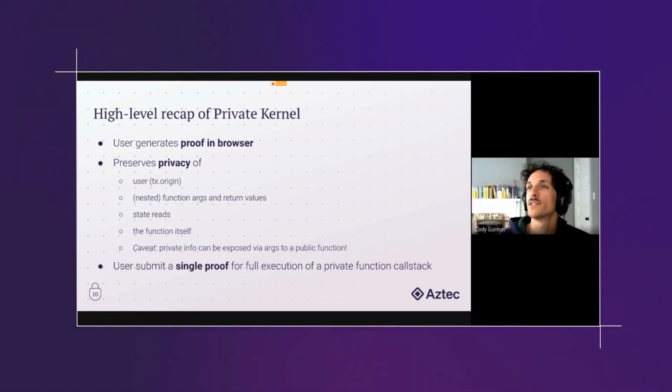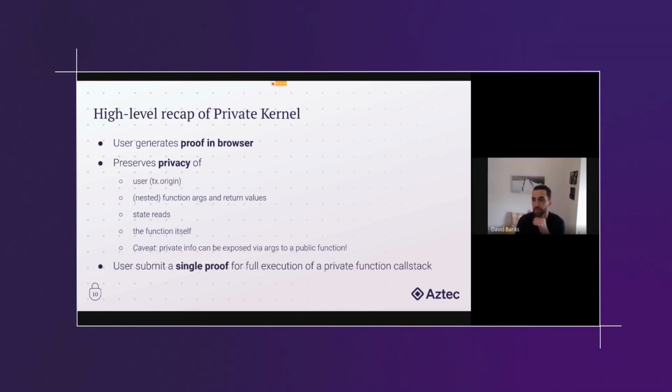Can I ask a quick orienting question? Sure. Is this a good example of how the kernel circuit would work? You have a private function f, you call it with some inputs that can be private, it produces an output called out, and then you want to plug out into another private function in a different contract where the input is in, and the kernel circuit would demonstrate that out equals in.